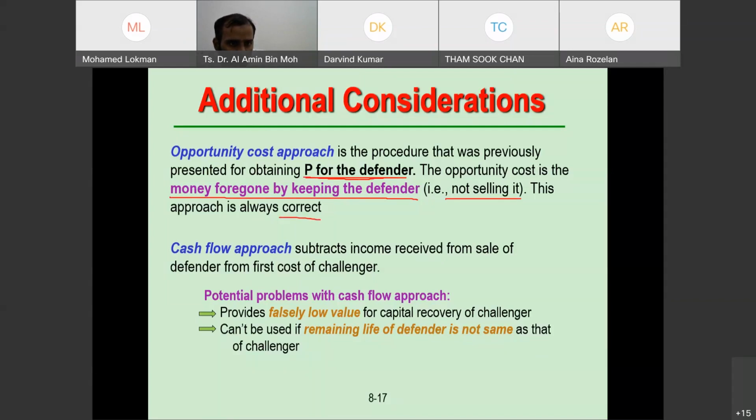Cash flow approach: subtract income received from sale of the defender from the first cost of the challenger. Potential problems with the cash flow approach: it provides a falsely low value for capital recovery of the challenger and can't be used if the remaining life of the defender is not the same as that of the challenger. So this is a big confusion with the cash flow approach regarding opportunity cost, right?